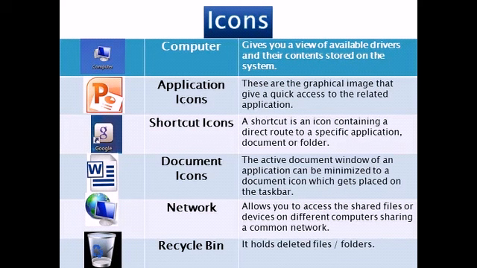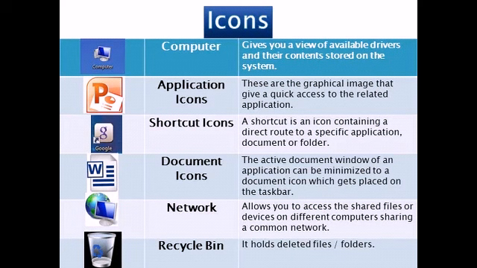Application icons. These are the graphical images that give a quick access to the related application. Shortcut icon. A shortcut is an icon containing a direct route to a specific application, document or a folder. Document icons.